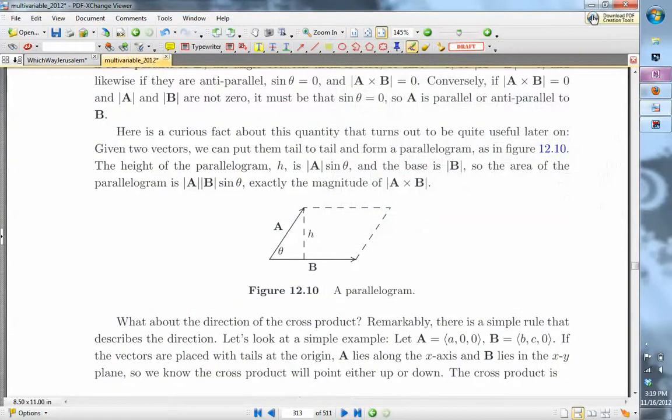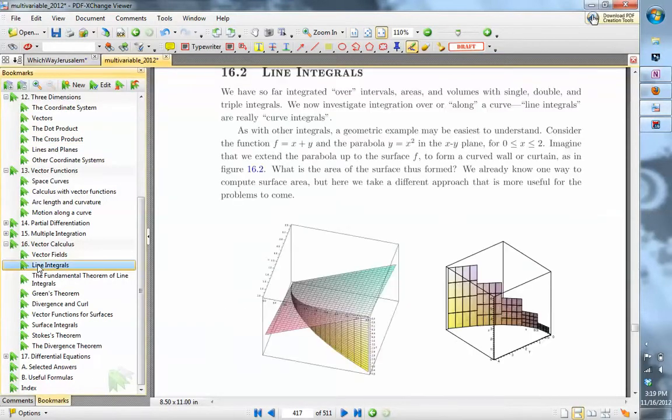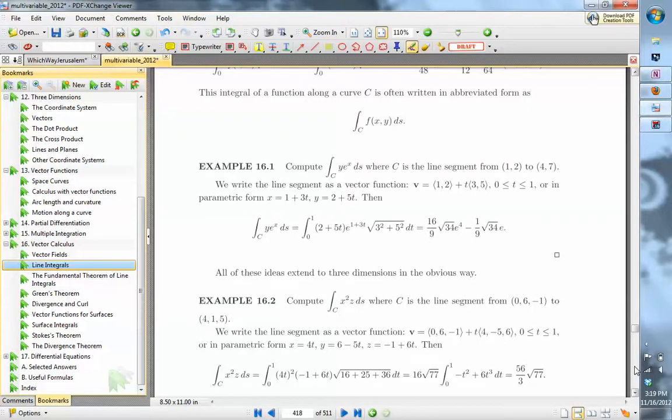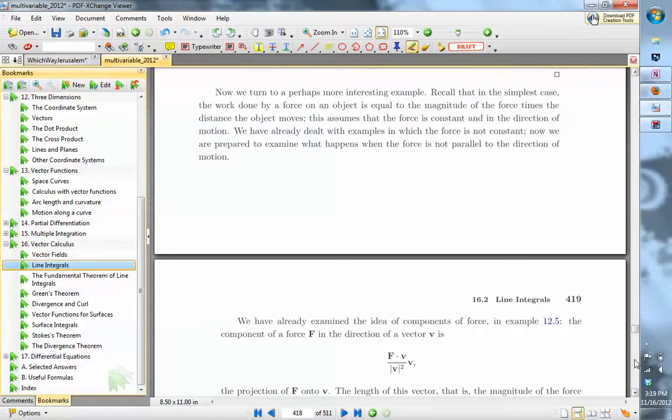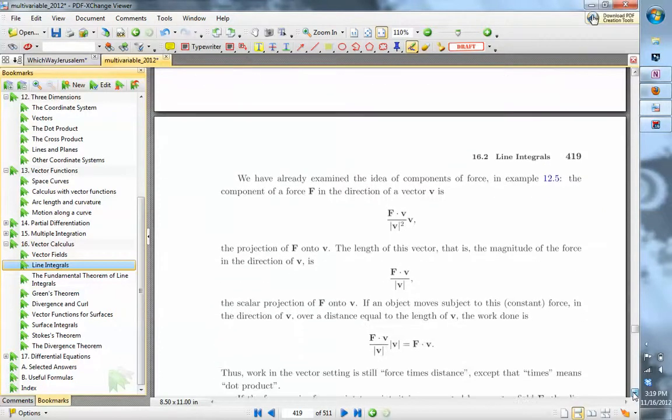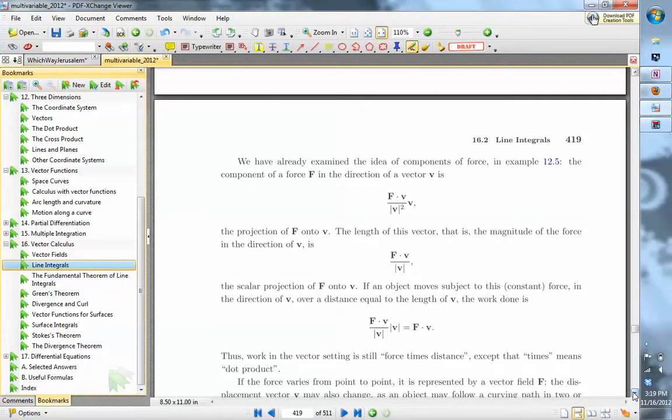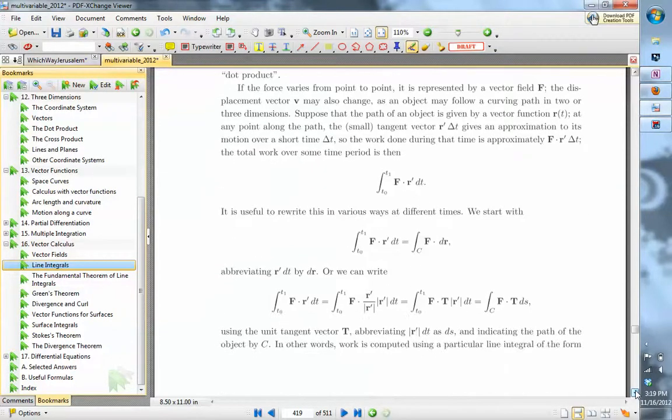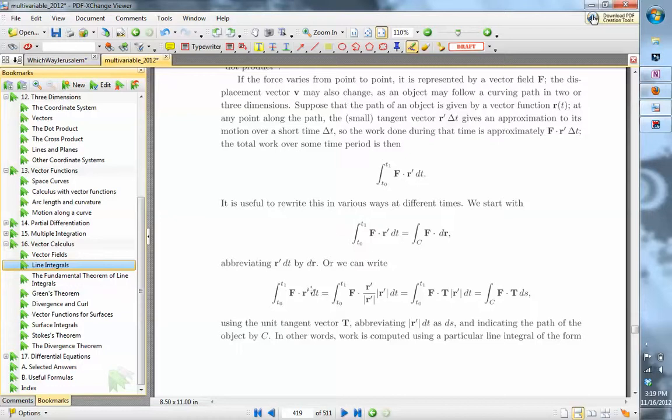If you go back to, oh boy, line integrals. Remember how we started out with the line integral, just this ds thing, and you remember how ds was the magnitude of r prime dt? Does that ring a bell? Okay, so that was ds. And then we wanted to compute the component of f in the tangential direction, and we did this projection thing. And if you follow the book here, and you look at this f dot r prime thing, you see this cancellation right here.